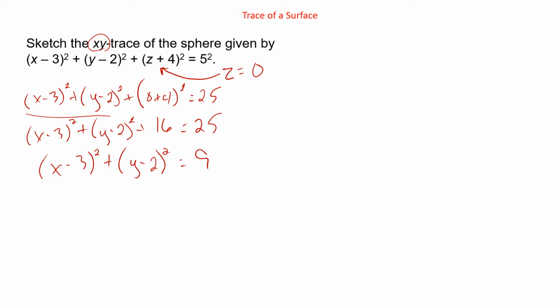To sketch it, we would have our axes. I don't have enough room here. I'll actually show you a good picture of this as well. Then we're going to start out with our center, 3, 2: 1, 2, 3, 1, 2.